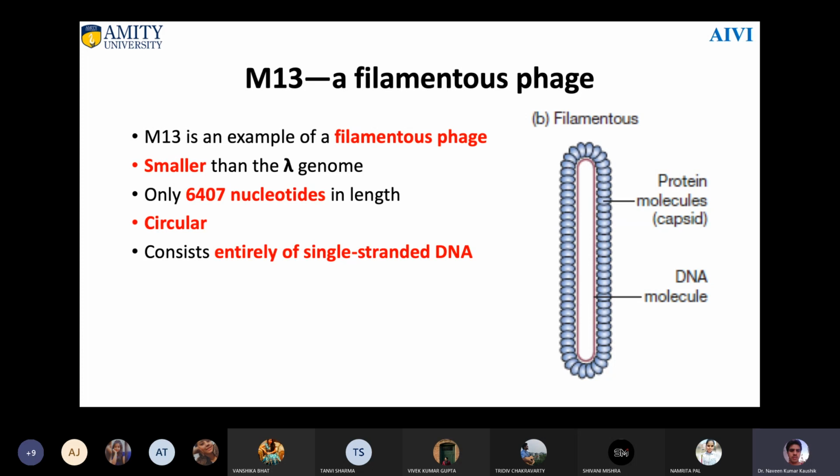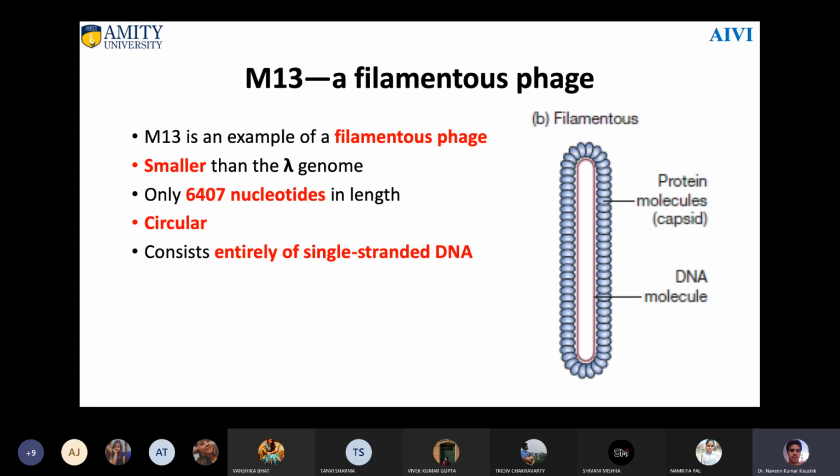In the previous case, we were referring to the DNA molecule as double stranded. We all know that generally DNA is double stranded and RNA is single stranded. But in the case of M13 bacteriophage, the genome of M13 phage is single stranded, and one more thing is that it is circular also.